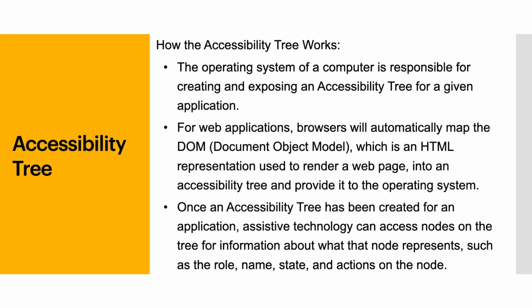The DOM tree represents the structure of a web page, including HTML elements, attributes, and content. And the accessibility tree extracts relevant information like roles, labels, and states, and makes it available to assistive technologies through the accessibility API.